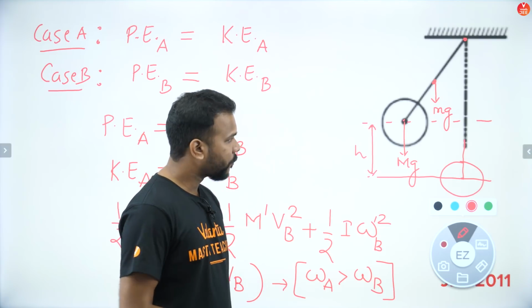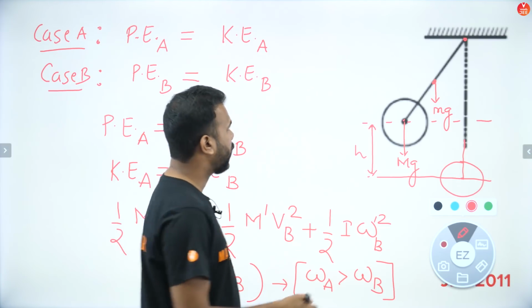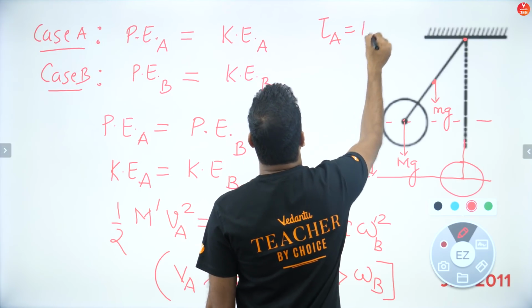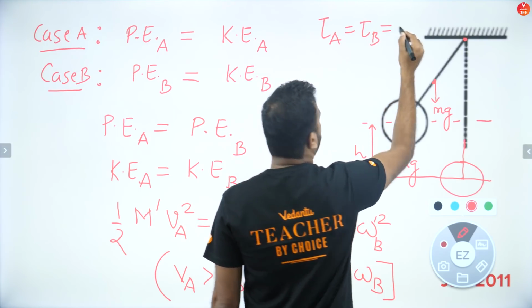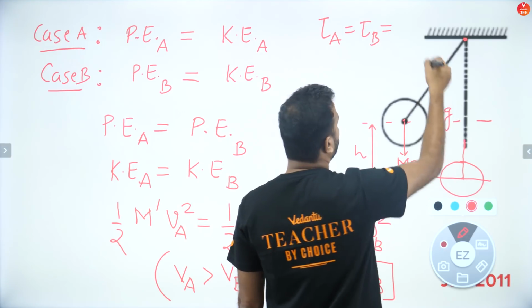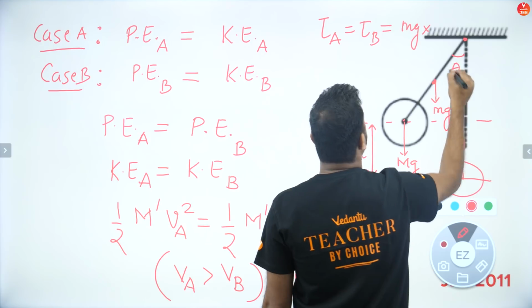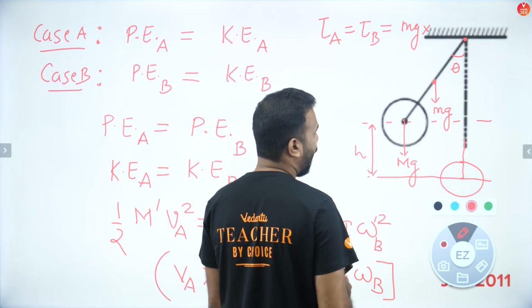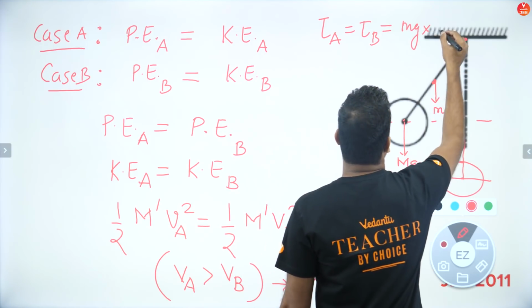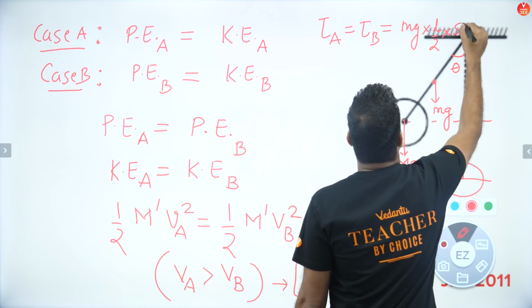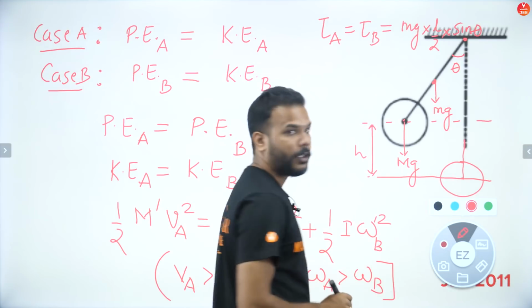If you try to calculate the torque for both case A and case B, you will write this force, that is mg, and say this angle is theta, so the angle between R and mg will be theta. So this is mg acting at a distance L by 2 multiplied by sine theta, that's the torque on the rod.